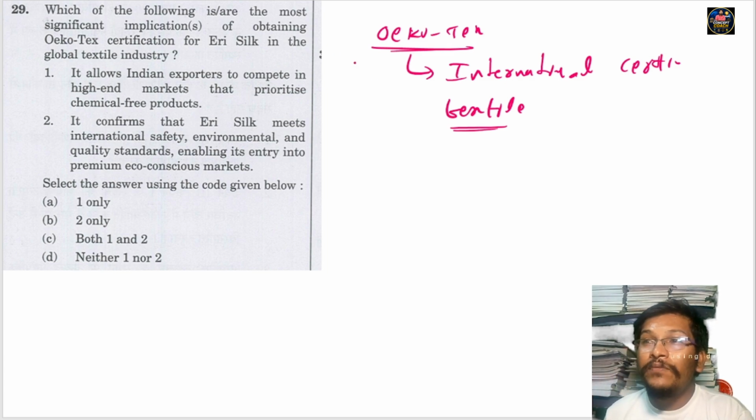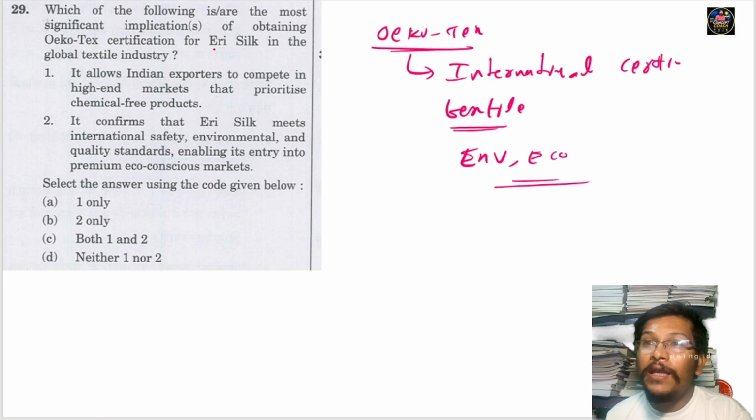So this Oeko-Tex certification ensures environmentally friendly and eco-friendly textiles only. This is about Oeko-Tex certification.